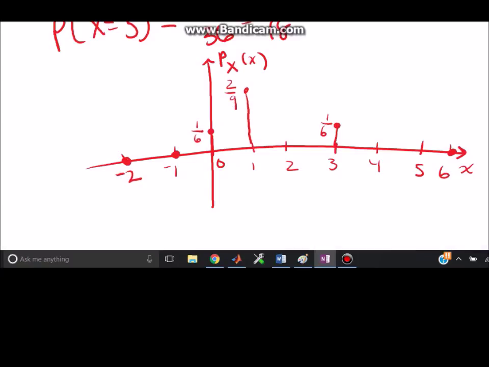Wrong label. This should be 5 over 18. It's a little less. This is 2 over 9. This is 1 over 9. This is 1 over 18. Okay, so that is how we would plot the PMF.